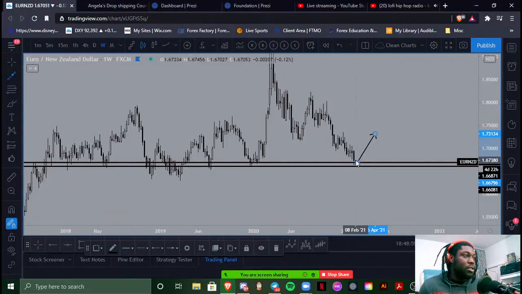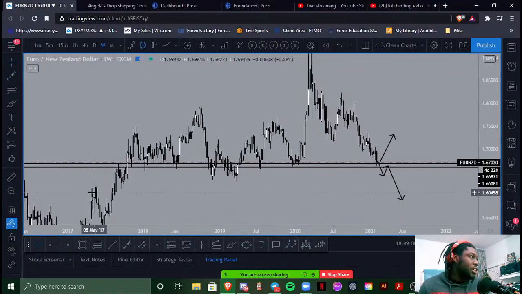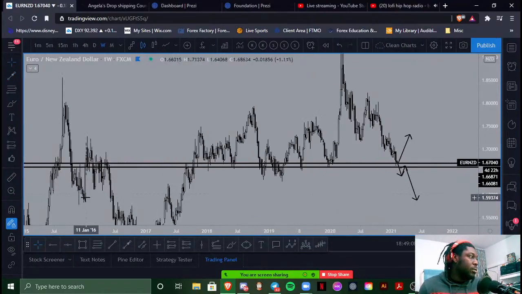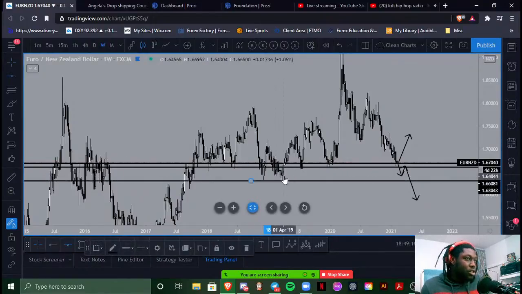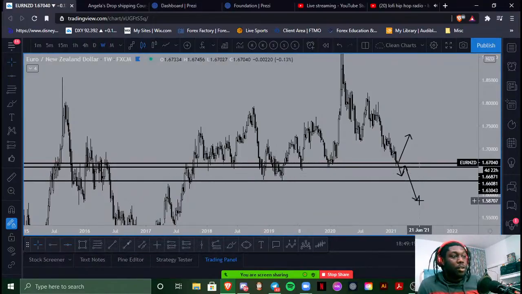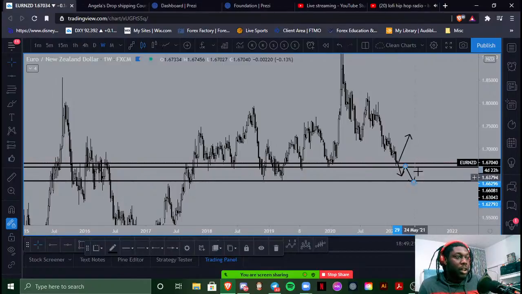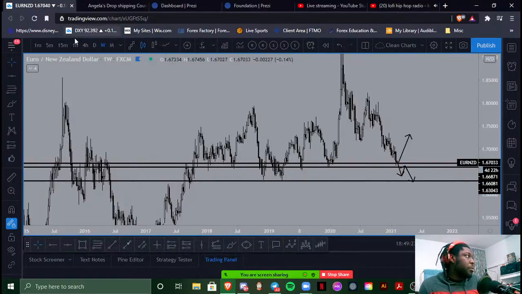Either that happens or it pushes to the downside, retests, and continues to this next big demand zone right here. That's probably the next best thing that could happen. Or even if price just drops and comes down to these lows right here. Either one of those could happen. I'll just put this right here for now because that is more short term than long term.